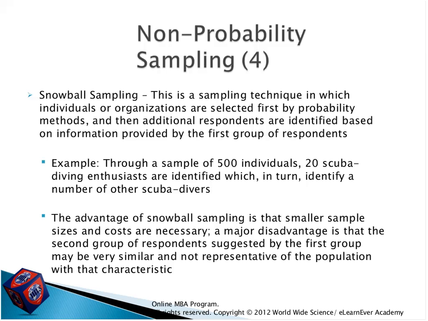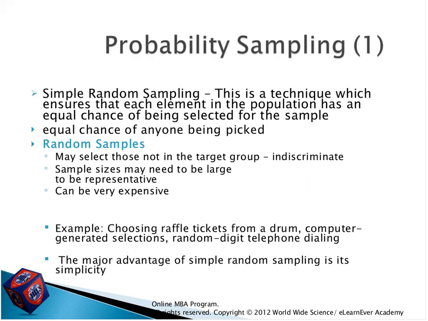So this is, we can say, a mix of non-probability and probability, because first you choose the first group or first individual as a probability, and then we continue with the non-probability method. Again, there are some advantages and disadvantages of this method.